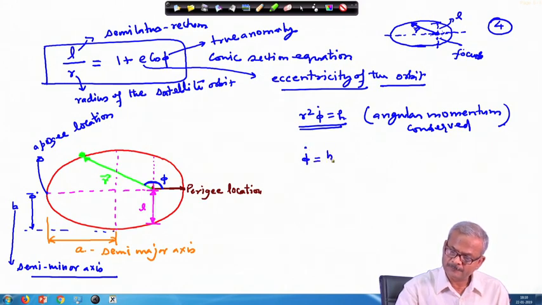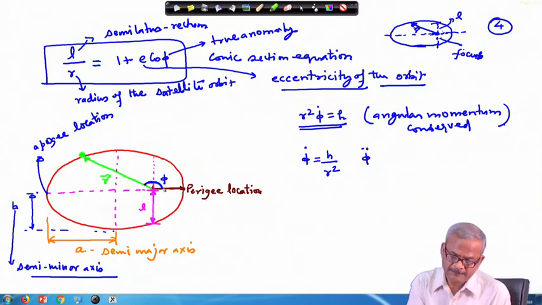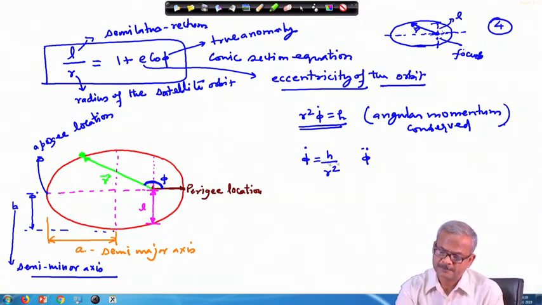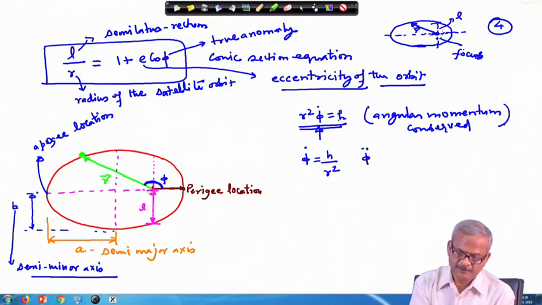So, phi dot from here we get as h by r square. The rate at which this angle is changing is directly available to you. As r changes along this direction, you can see this is the smallest possible r, from this place to this place.